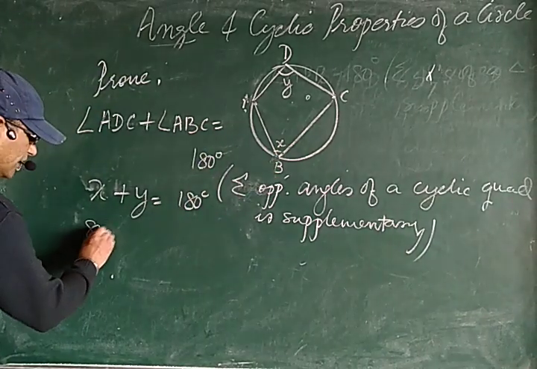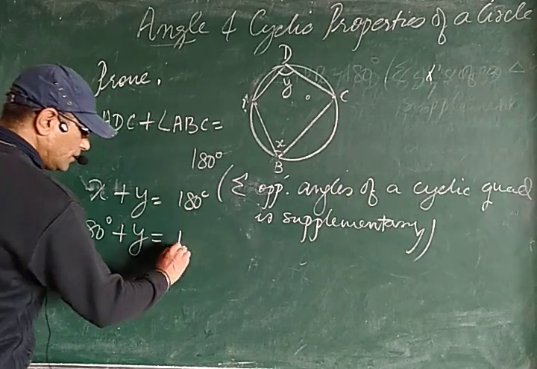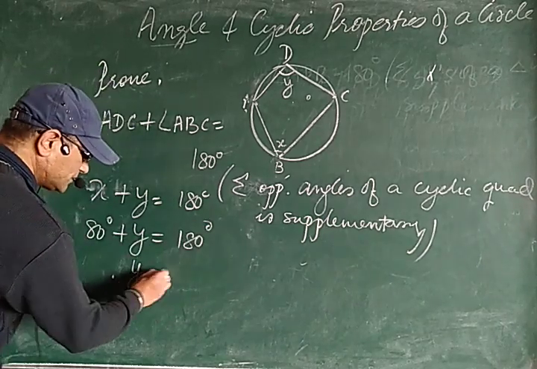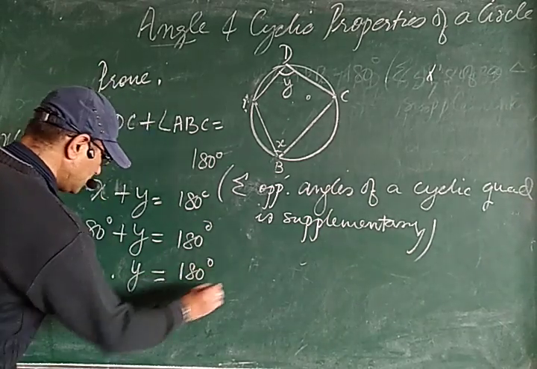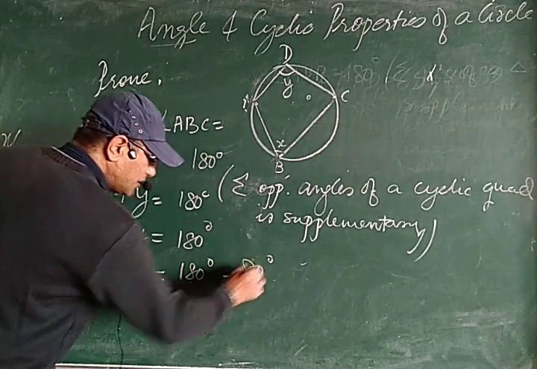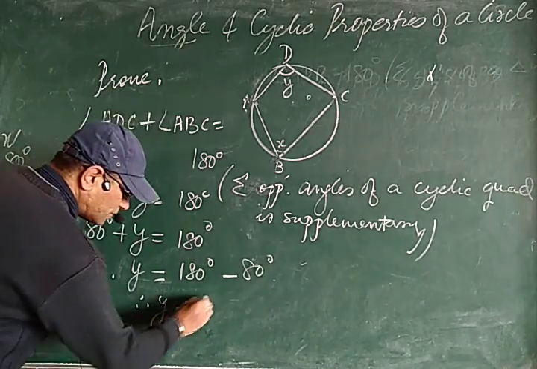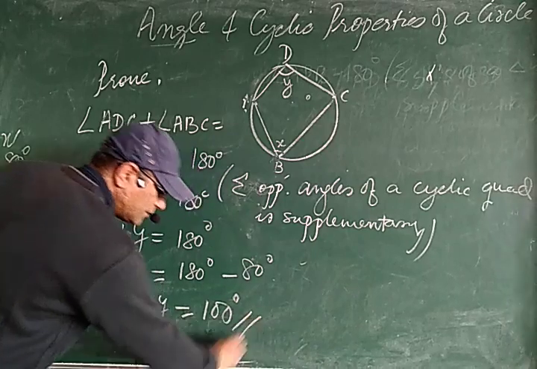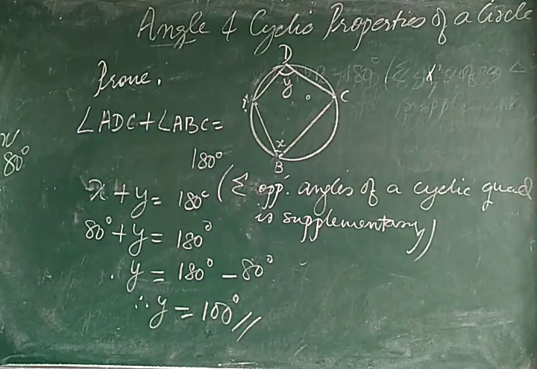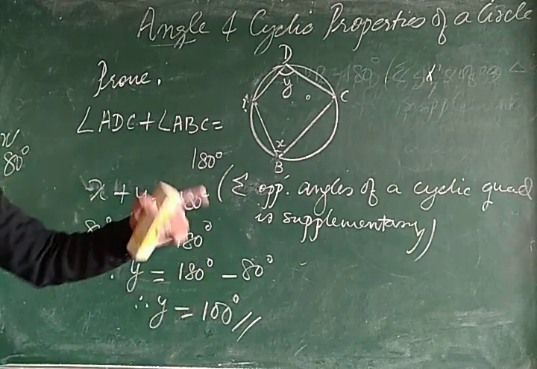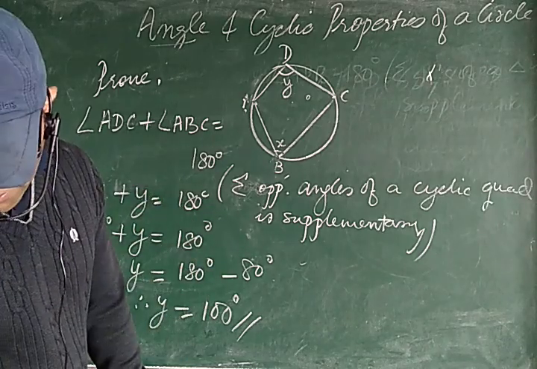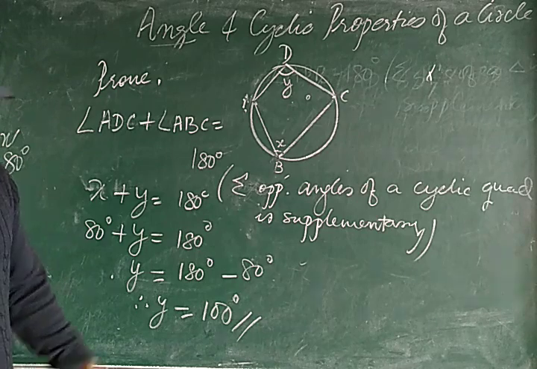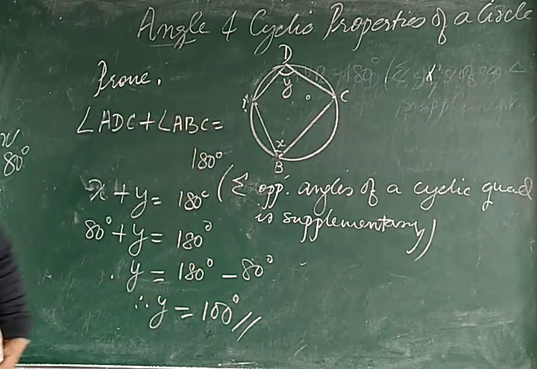We can put this value: y is equal to 180 degrees minus 80 degrees. Therefore, y is equal to 100 degrees. Yes, we got both the values: x is 80 degrees and y is equal to 100 degrees.